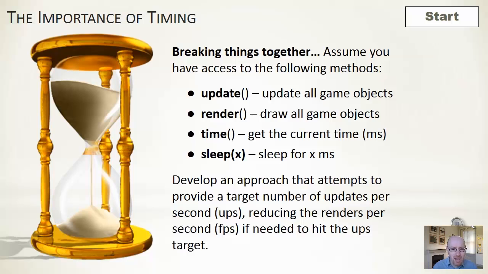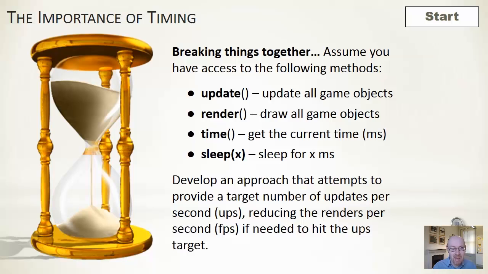Given those four different methods, I want you to have a think and spend 10-15 minutes developing an algorithm where, if I give you a target number of updates per second, you will try to hit that target number of updates per second. And you'll do so in a way that, if need be, you will skip renders.